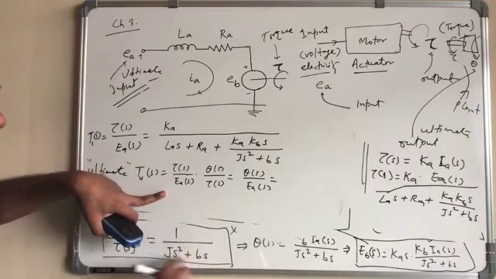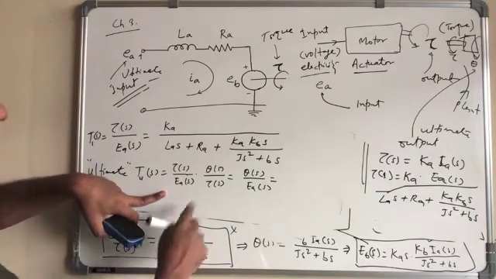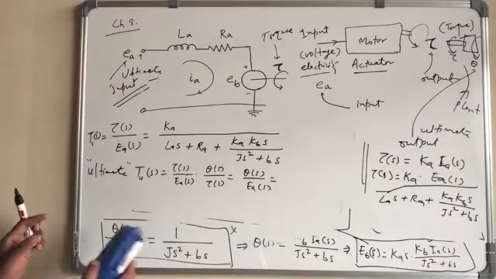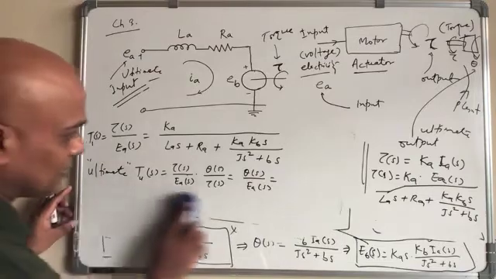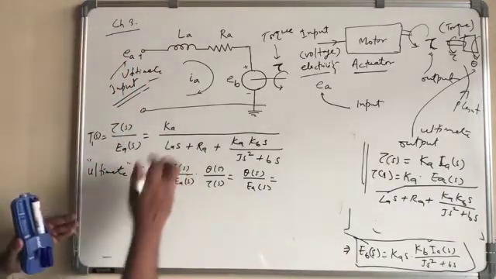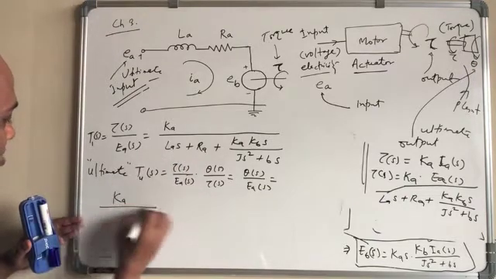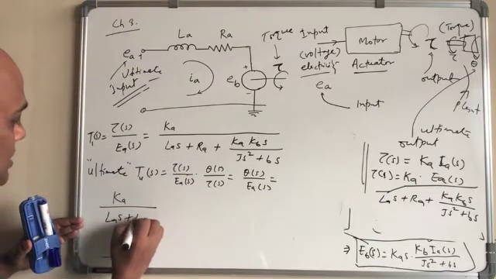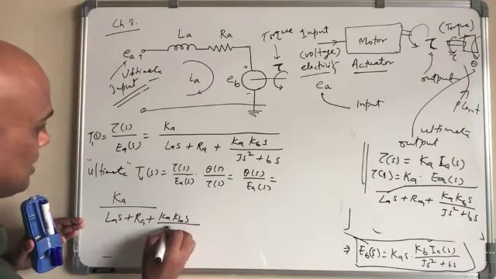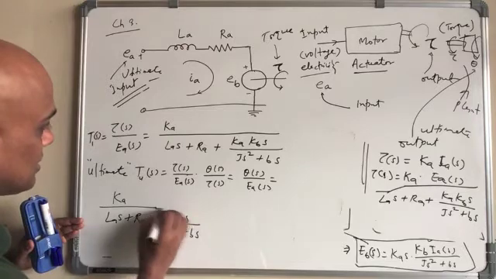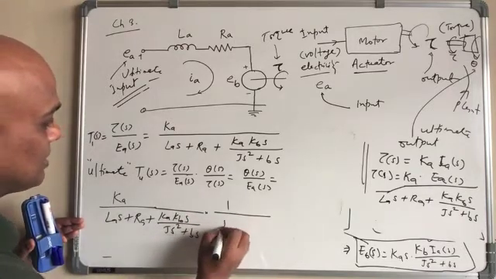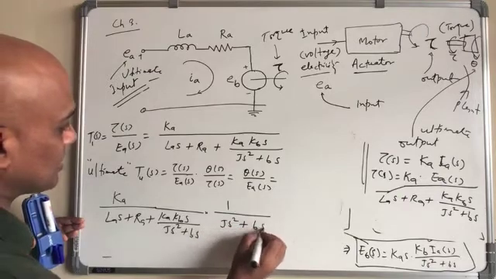So what do we get here? The final value will be equal to KA over LAS plus RA plus KA times KBS plus JS square plus BS, multiplied by 1 over JS square plus BS.